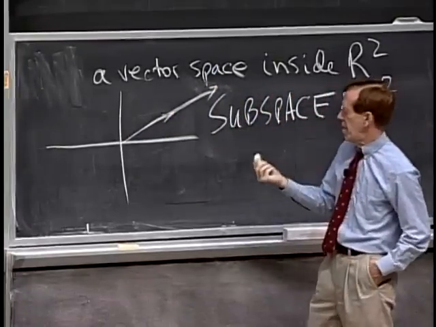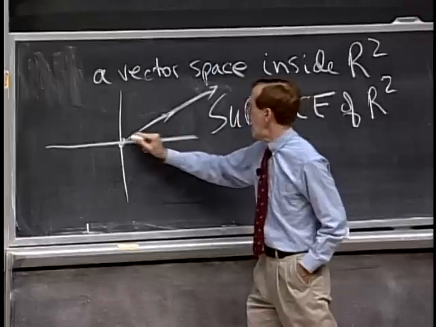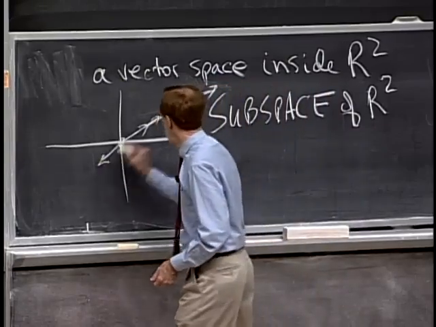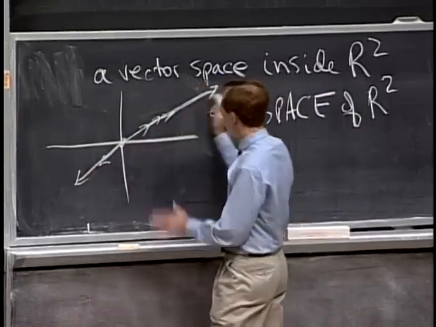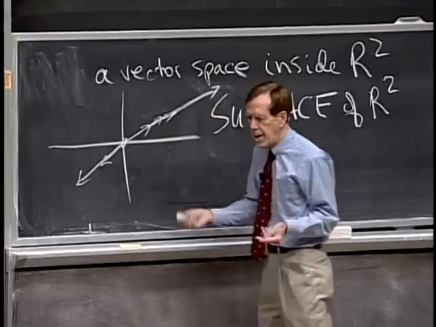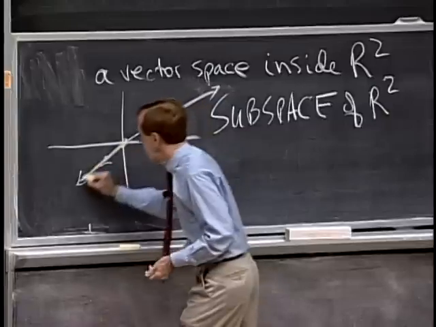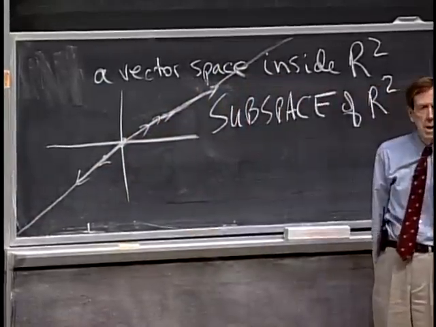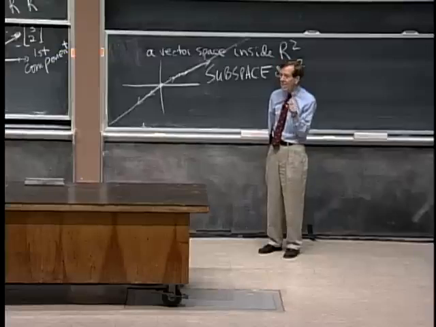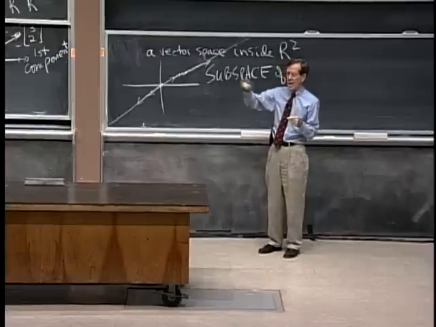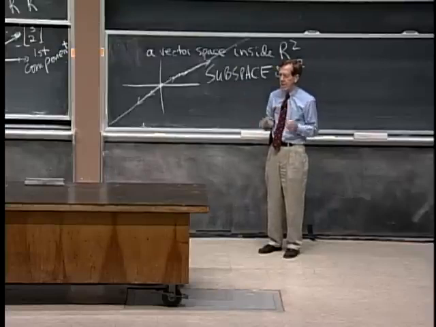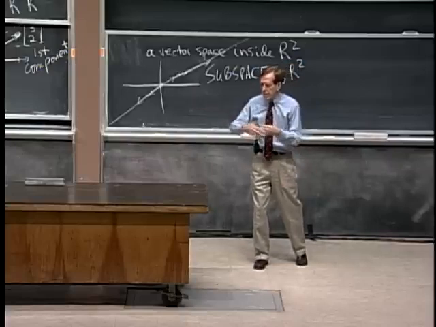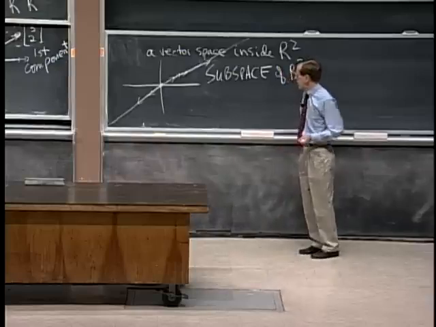I have to be able to multiply that vector by 0, or by 1/2, or by 3/4, or by -1/2, or by -1. I have to be able to multiply by any number. So that is going to say that I have to have that whole line. Do you see that? Once I get a vector in there, I've got the whole line of all multiples of that vector. I can't have a vector space without extending to get those multiples in there.